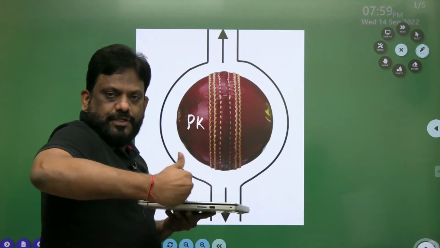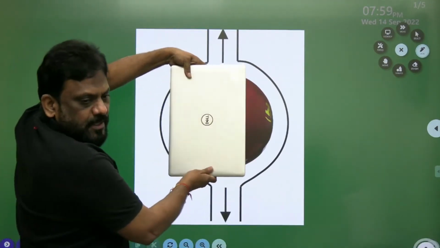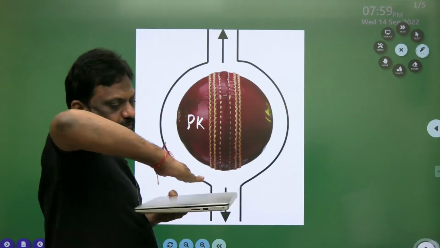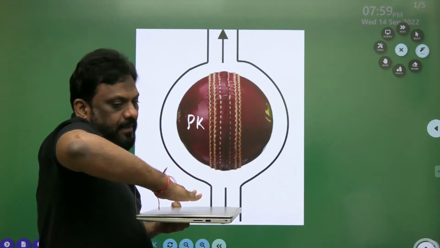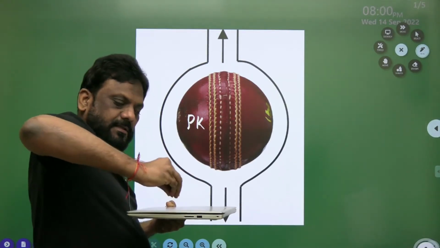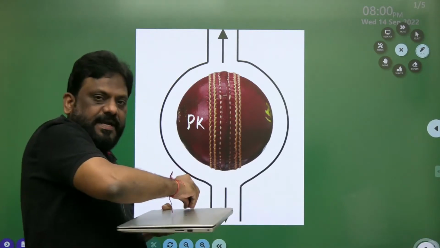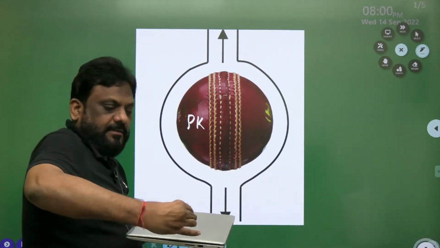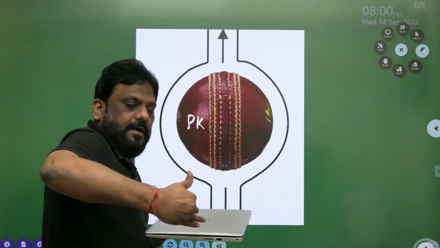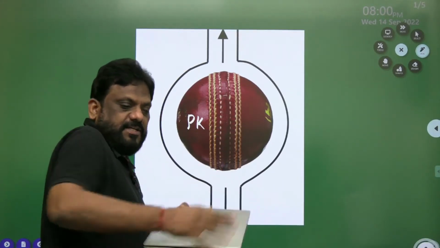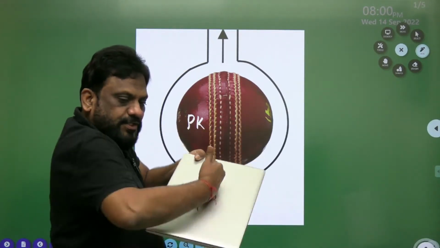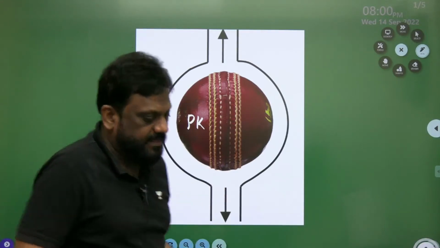This is the bowling side, this is the batting side, and this is the pitch, and the ball is moving in this direction. The same thing I have shown.